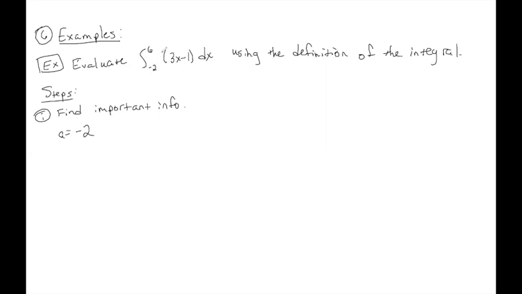I start at a and I go up to b in a similar way that I started at 1 and went up to n when I was dealing with a sum. b is 6. It's the top bound. And f of x is this thing in parentheses, the thing that I'm integrating. 3x minus 1. Great.